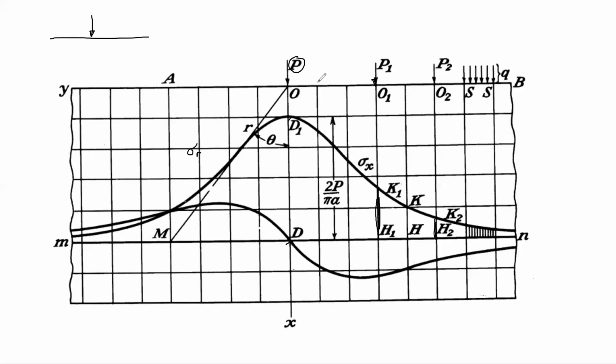P1 is applied because it's at the distance as shown here. The effective stress due to P1 at this location would be that one. So I add this length with this length. Due to the P2 is this line. So add this line, and that line. That gives you the total stress due to the application of all of those lines.